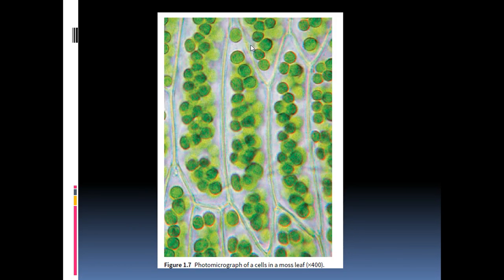And this is an actual diagram of a plant cell. This is a photomicrograph of cells in a moss leaf, magnified 400 times using a very high quality light microscope, right? So you can see the presence of this round green structure, which is actually the chloroplast.